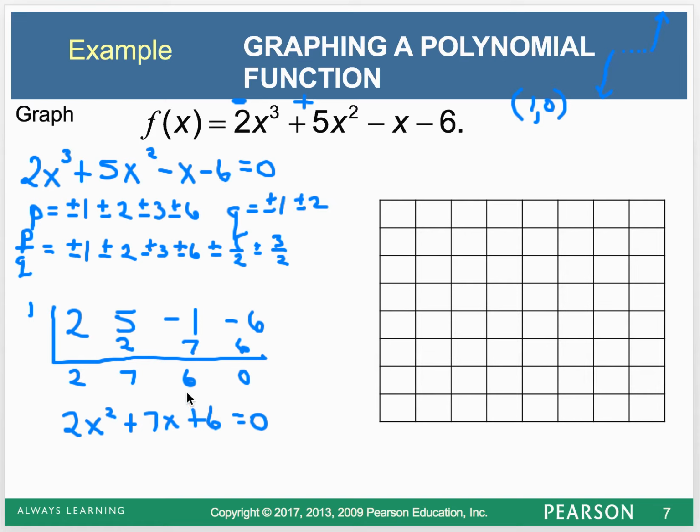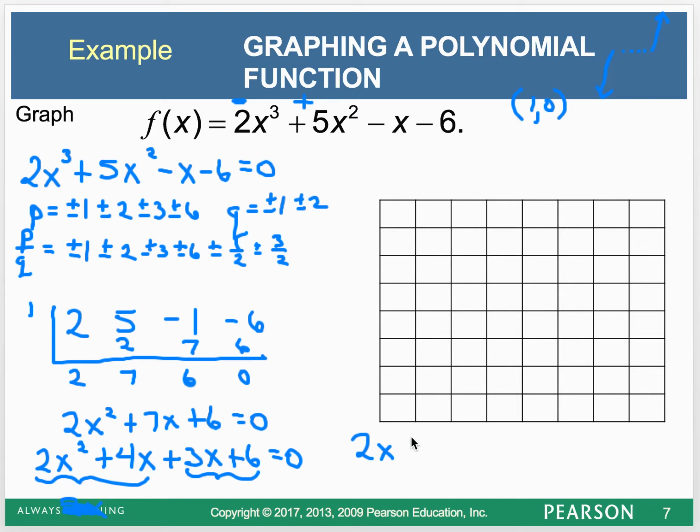Okay, and so I need two numbers that multiply to give 12 and add to give 7. So that would be 3 and 4. Doesn't matter which order you write them in. It'll work either way. Okay, so I can factor out 2x, and that leaves x plus 2.